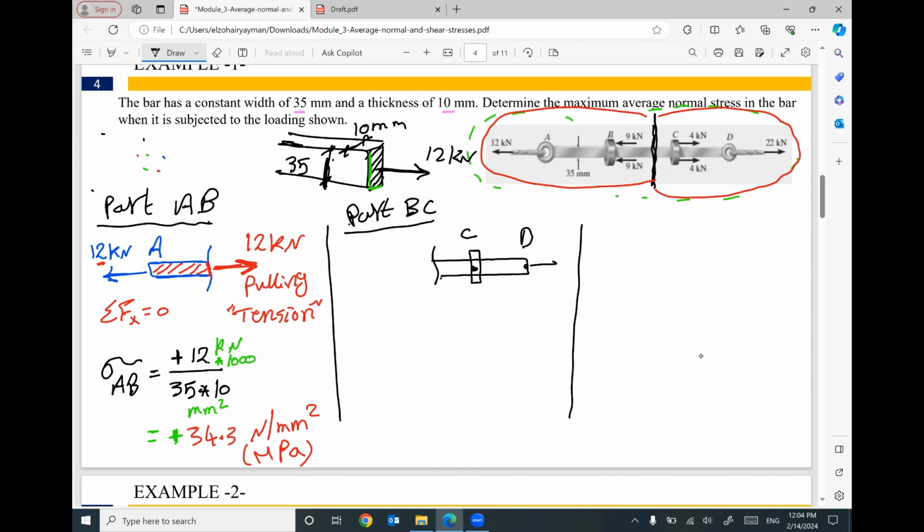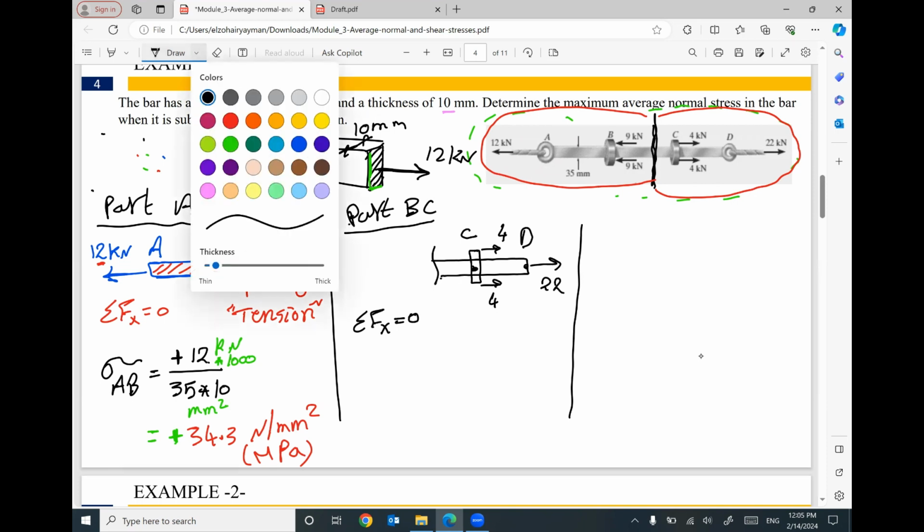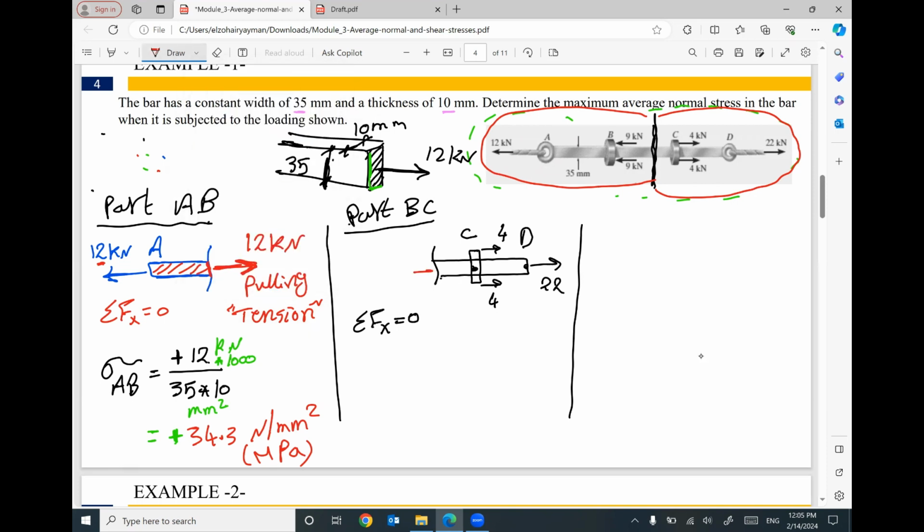I have a force here, 22 kilonewton. I have two forces here, each 4 kilonewton. Don't forget any from the right part. If you apply summation Fx equals 0, we must have a balance. That means I have to get another force here in this direction.